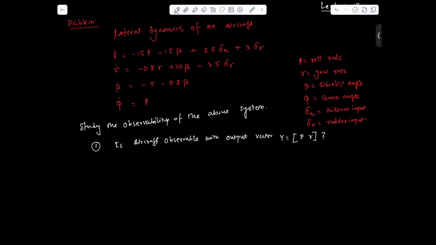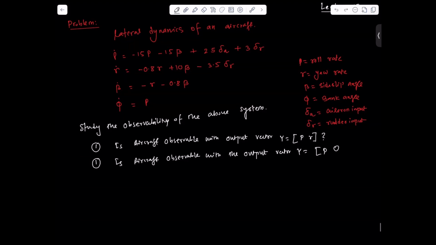Similarly, we have another question: is the aircraft observable with the output vector y equal to p and phi, transpose?